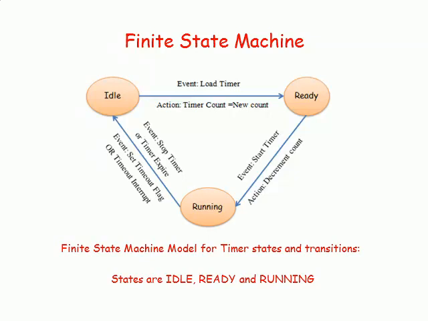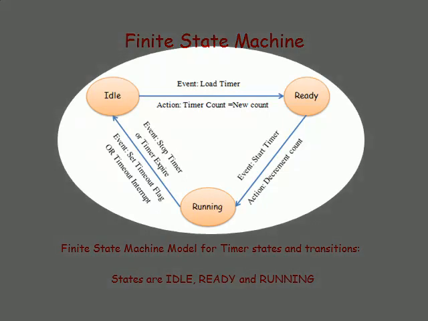Now let's understand the timer's set of states and events for state transitions. As seen from the finite state machine, the timer state can be either idle, ready or running. During the normal condition, when the timer is not running, it is set to be in the idle state. The timer is set to be in the ready state when the timer is loaded with a count corresponding to the required time.